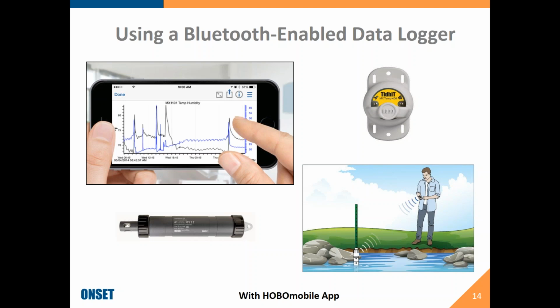So now we're going to talk about using our Bluetooth-enabled data loggers. And again, as I mentioned before, you need to be within about 100 feet line of sight of a Bluetooth-enabled mobile device. The Bluetooth does not work underwater. So, for example, the top right tidbit you see would need to be pulled out of the water in order to access its data.